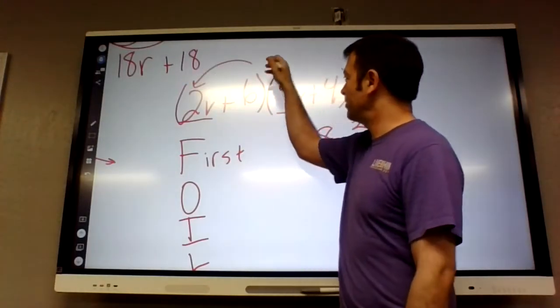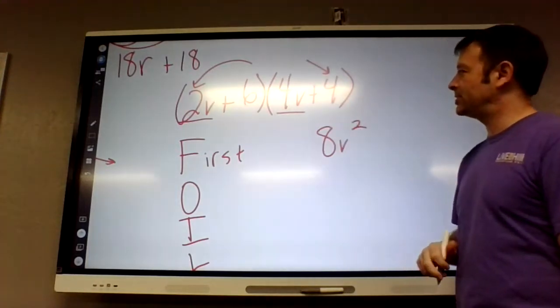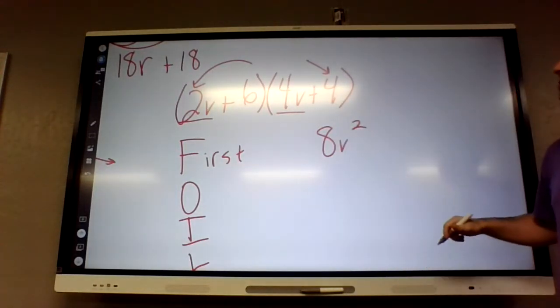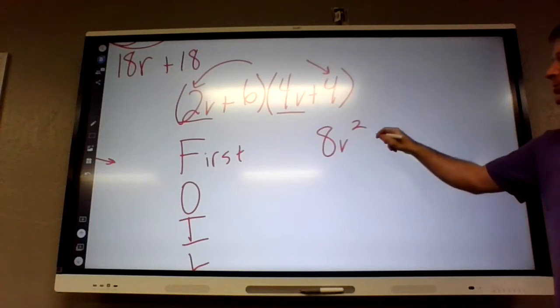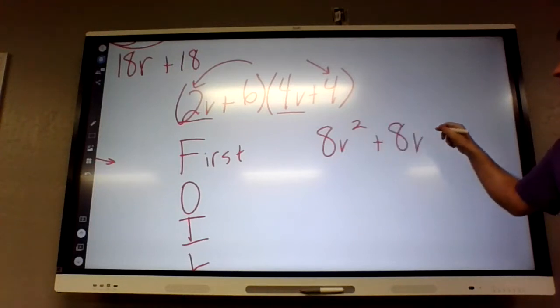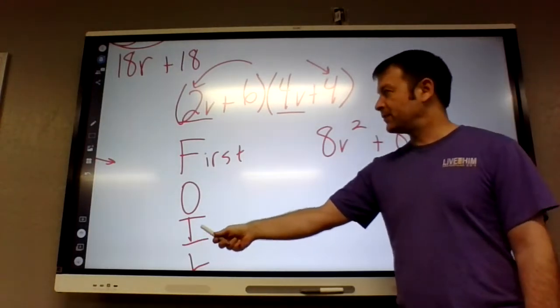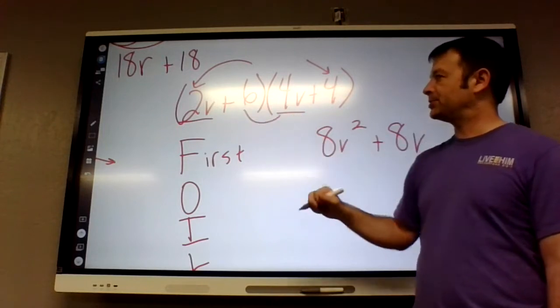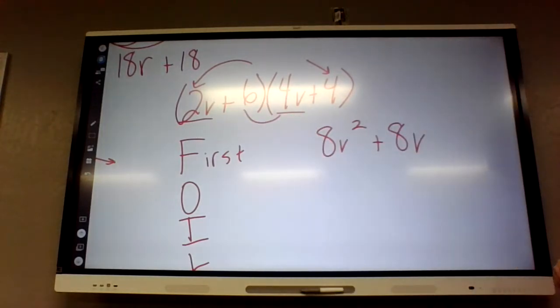So like the far away ones. What's 2v times 4? 8v. And it's positive 8v, so I'm going to put plus 8v. I stands for inside, so those are the middle 2. What's 6 times 4v? 24v.